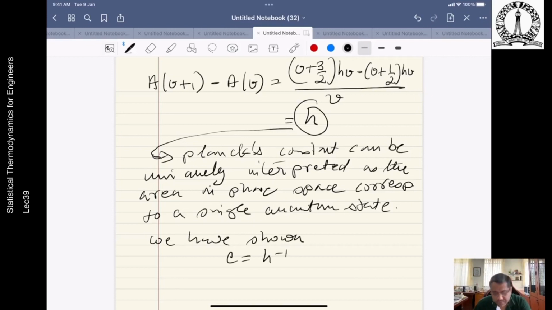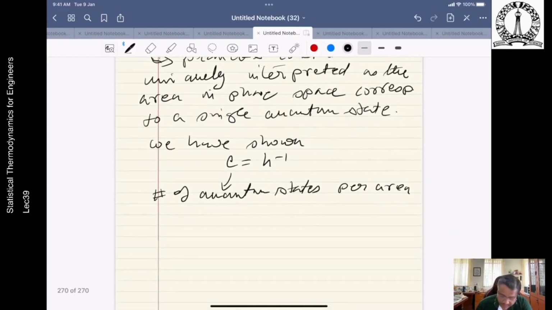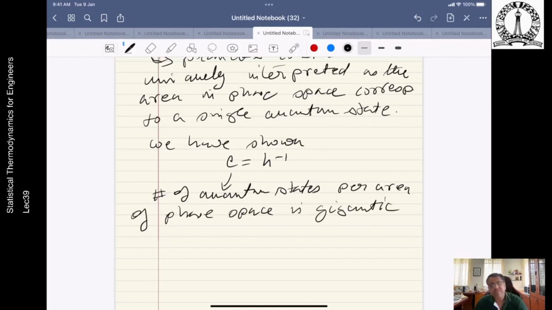Given the magnitude of the Planck's constant, the number of quantum states per area of phase space is gigantic, enormous.